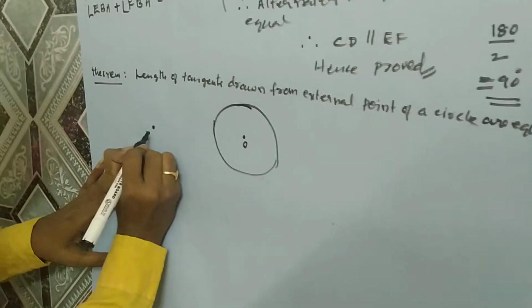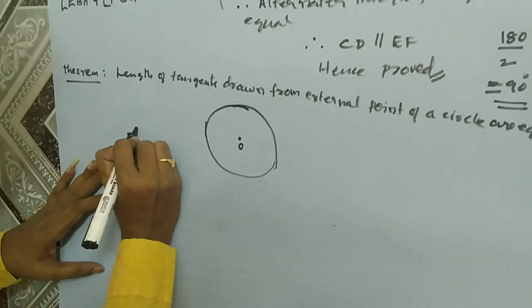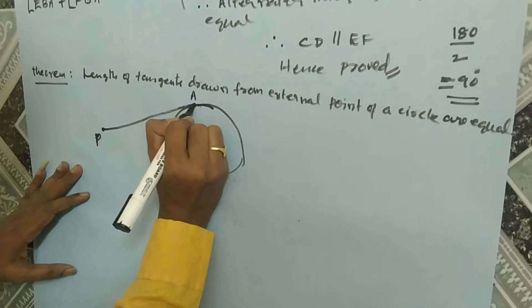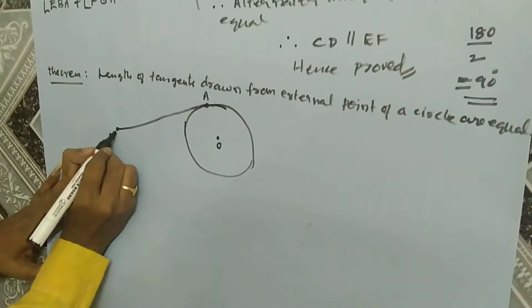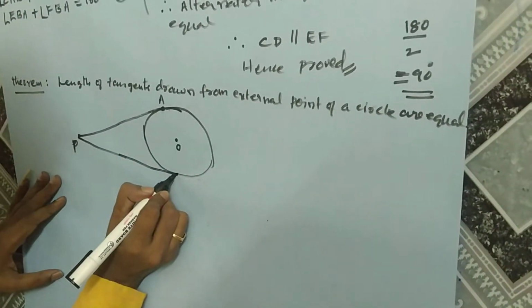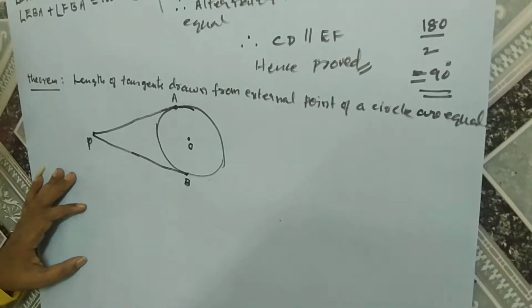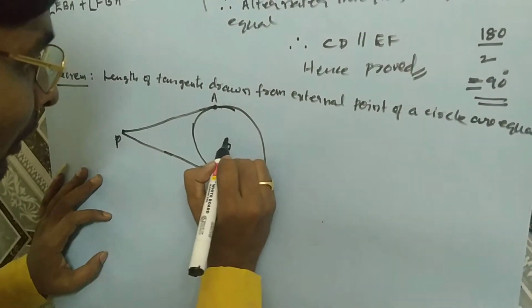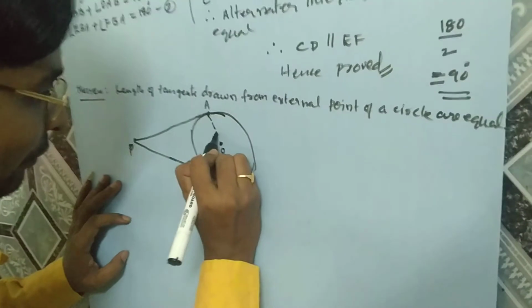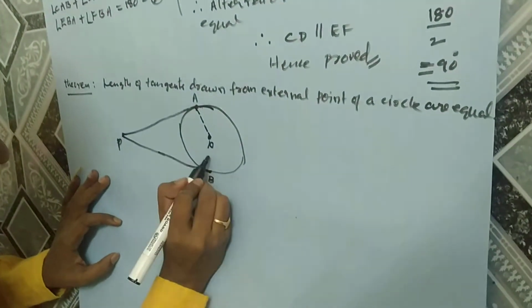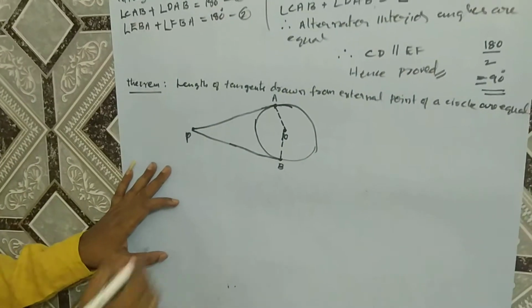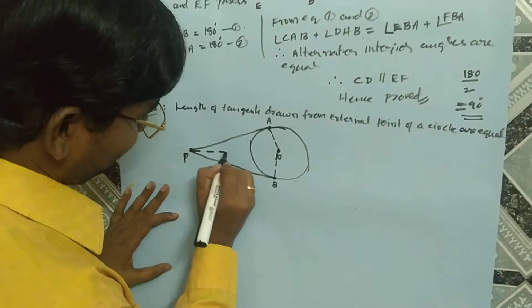Let this point be P. From P, draw a tangent which touches the circle at A. From P, draw another tangent to the circle which touches the circle at B. O is the center of the circle, join OA and OB. Join PO.